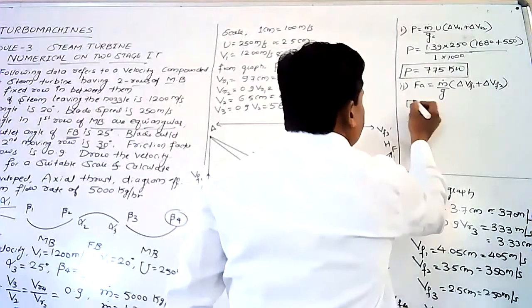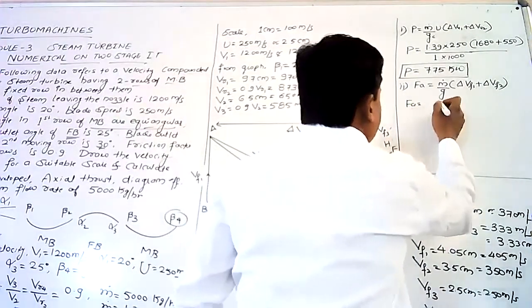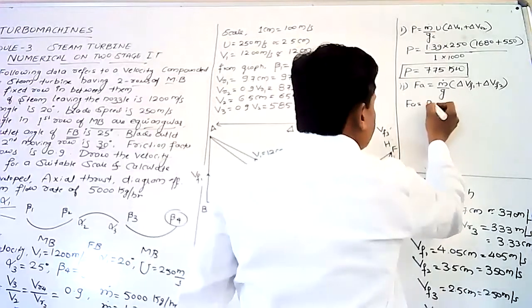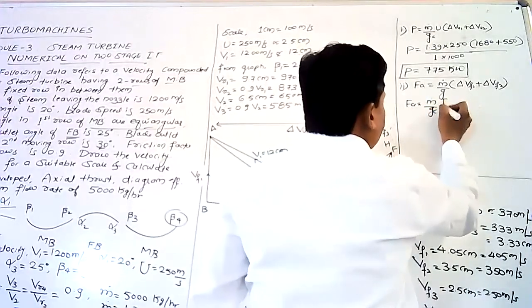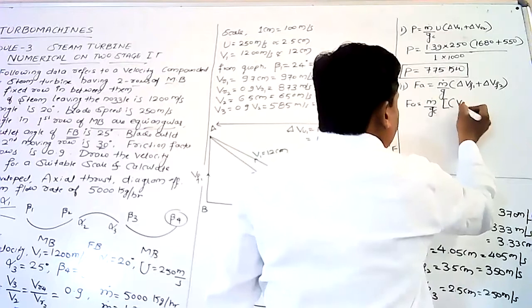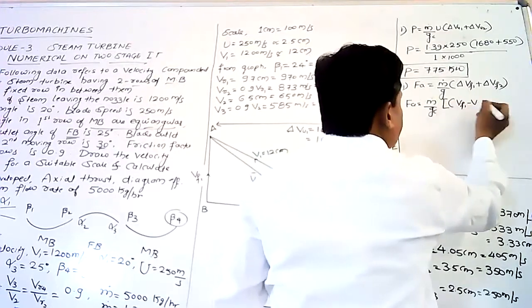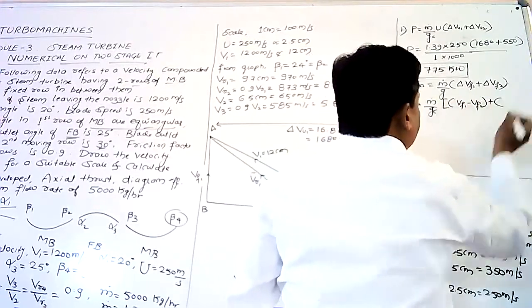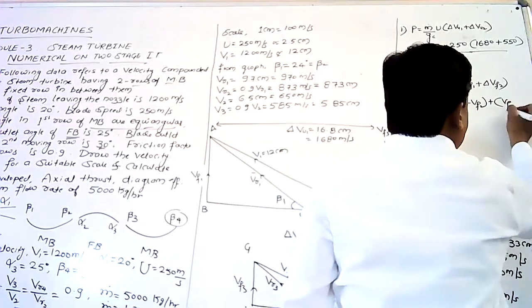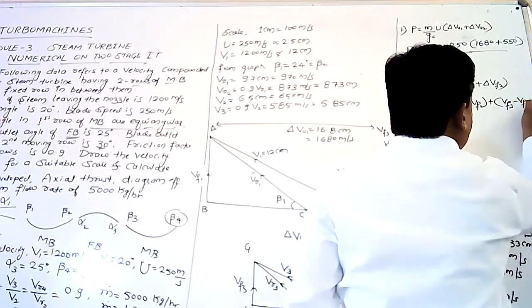Fa equals, let me write one more step. M dot by Gc into delta Vf1, which is Vf1 minus Vf2, plus delta Vf2, which is Vf3 minus Vf4.